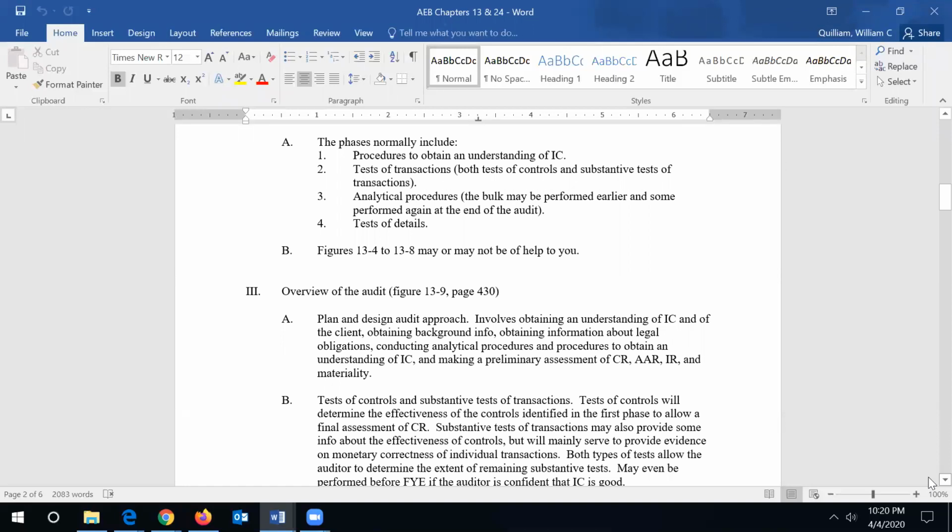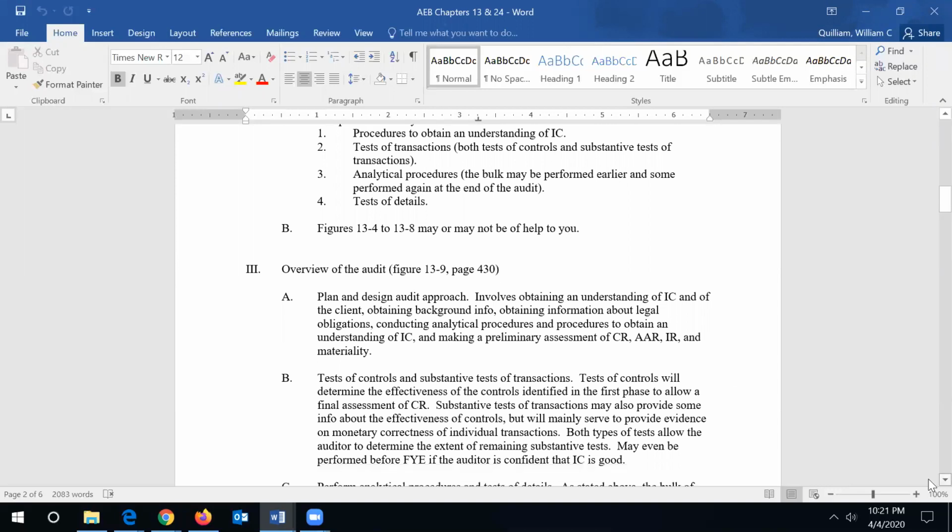Analytical procedures. The bulk may be performed earlier, some performed again at the end of the audit. In fact, what is required is we do analytical procedures at the beginning of the audit and the end of the audit. Most we do early on in the audit so that we know where problem spots are. Definitely, we try to save tests and details until the end because they are the most expensive type of audit test.